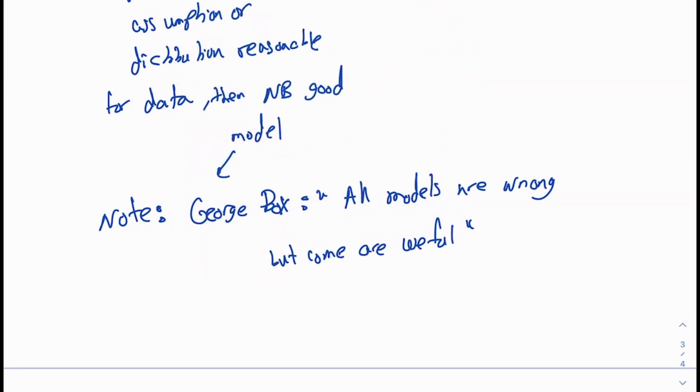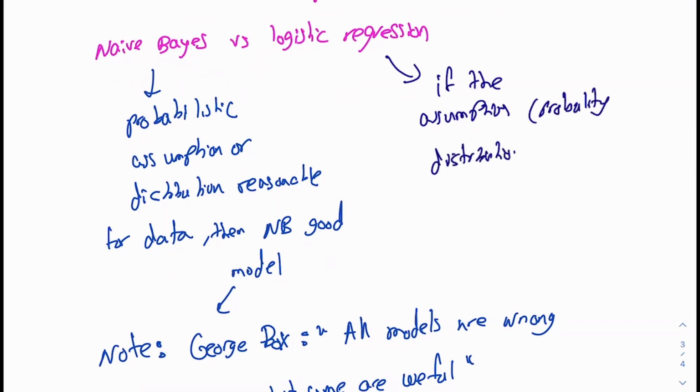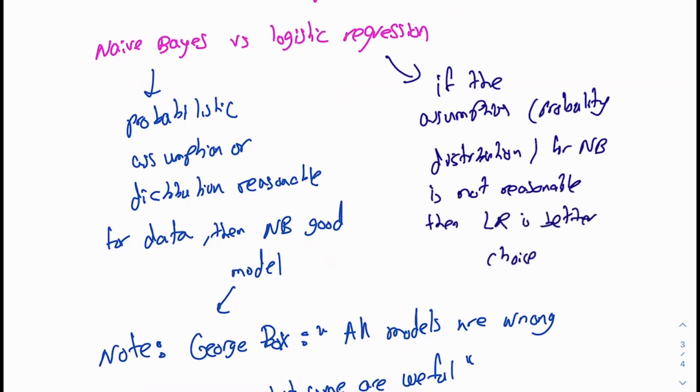But if those assumptions are wrong, then they give you worse performance than logistic regression. If the probability distribution assumption for naive Bayes is not reasonable, then logistic regression is a better choice. That's it. That's how you make a decision.